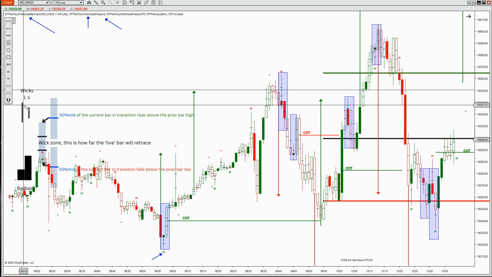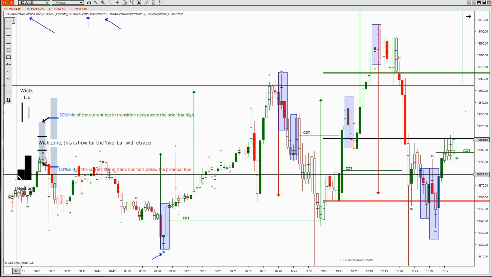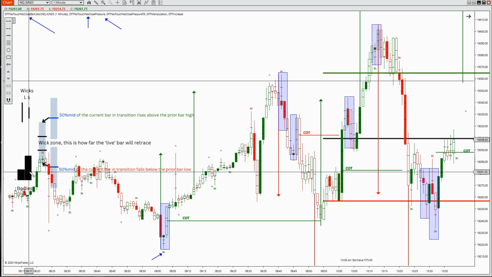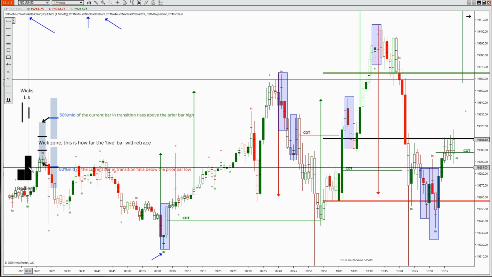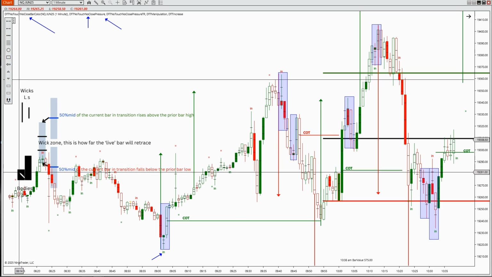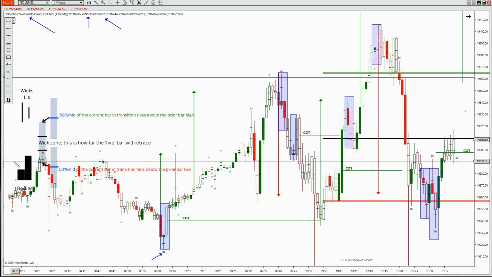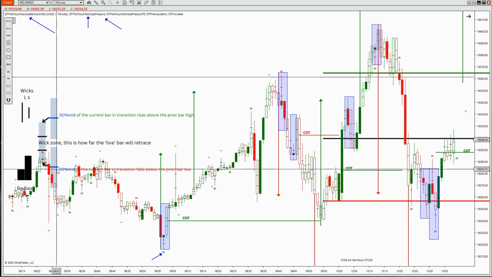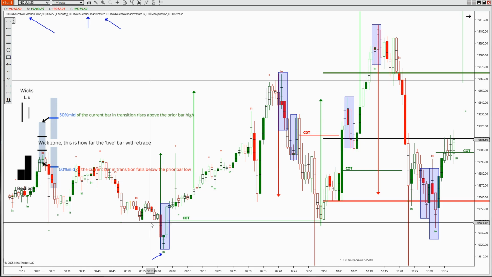So larger wick, smaller wick, and you get the smaller body, larger body. With this one, there's just one caveat I want you to keep in mind. If we can get the smaller body to fit inside of the bigger body twice, think about this: get the smaller body to fit inside the bigger body twice.